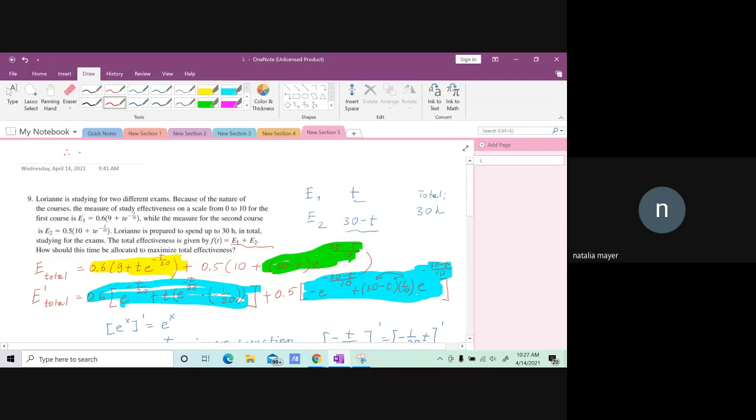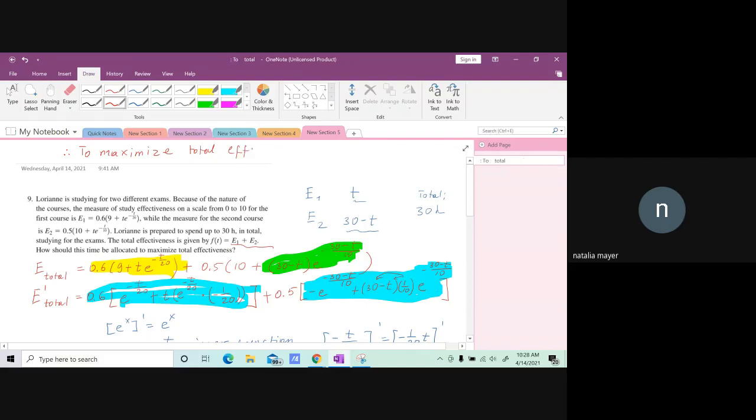So, what's the end of your question? To maximize total effectiveness. So start with this. To maximize the total effectiveness, it will be at t equals 20. To maximize total effectiveness.